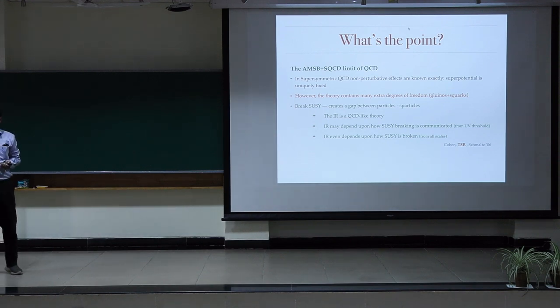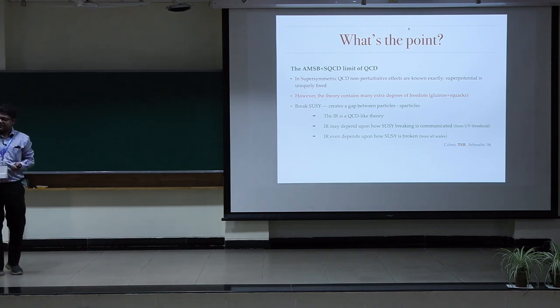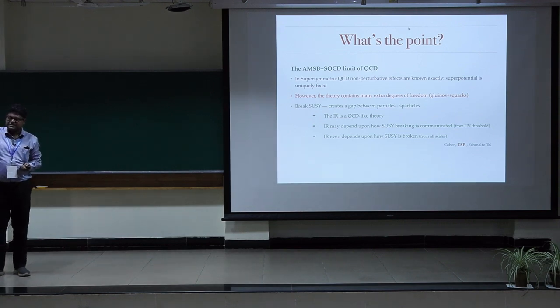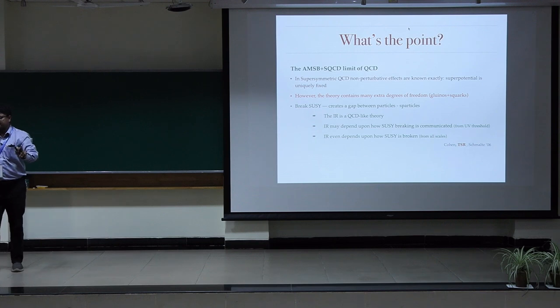The main reason it is difficult is that whichever way you try to put in the SUSY breaking information, it modifies your spectra. It modifies in terms of how SUSY breaking is communicated, how SUSY is broken. All sorts of information seeps in. Okay, you can't decouple that. It's very, very dependent on the UV constructions.